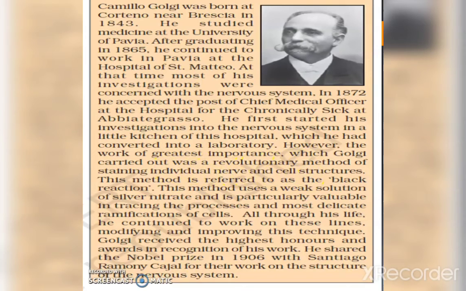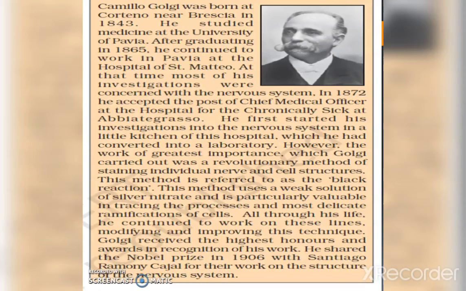Staining is a process through which we can observe it under the microscope, right? So he was very famous for that. He did a revolution by finding out a staining method to stain individual nerve.